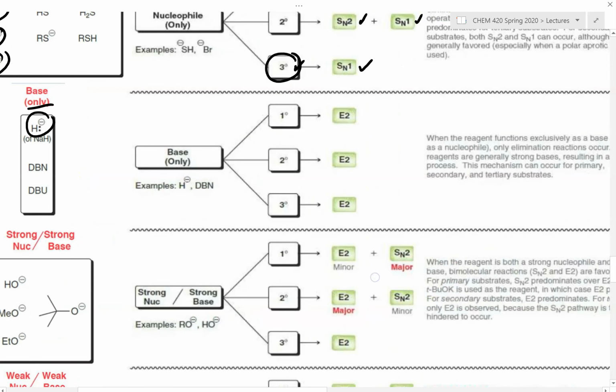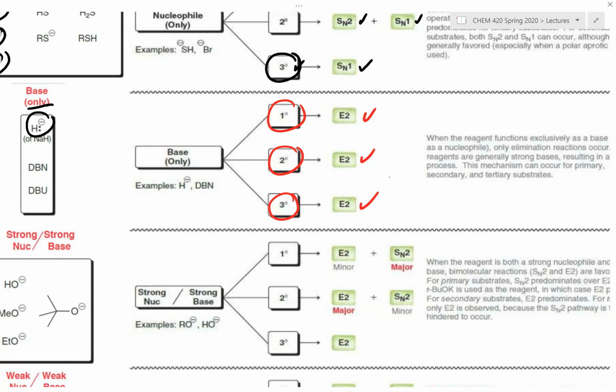And if we were to have a reagent that would only behave as a base, and take this and react it with either a primary, a secondary, or a tertiary substrate, it does not matter what type of substrate it is. It will all undergo an elimination reaction. In this case, all the E2 mechanism. And the reason why is because the base is strong.